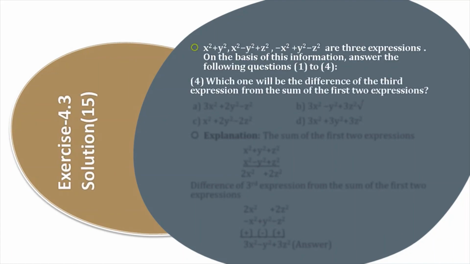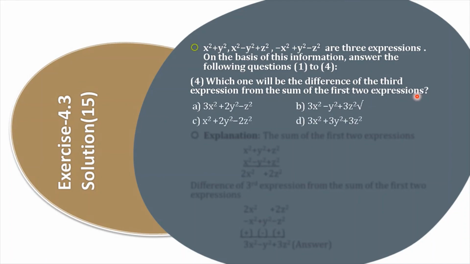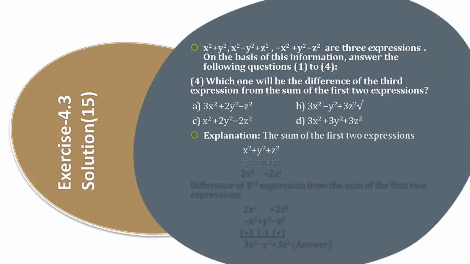Question number 4. Which one will be the difference of the third expression from the sum of the first two expressions, my dear? So this is the answer, 3x square minus y square plus 3z square. Explanation. The sum of the first two expressions, that is x square plus y square plus z square, and x square minus y square plus z square.